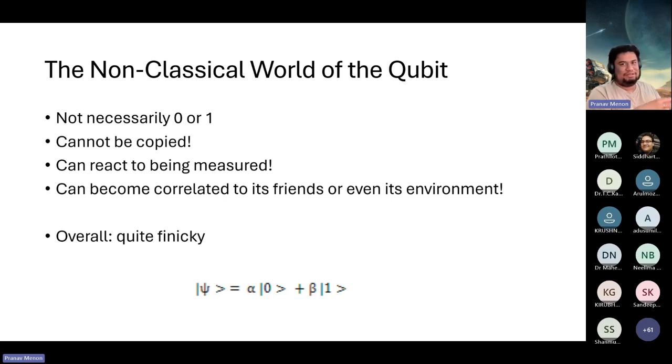So the overall takeaway from this slide is it's finicky, it's hard to keep it stable in a working condition, but it has a lot of pros as well, where it can be a superimposition of a lot of bits together.